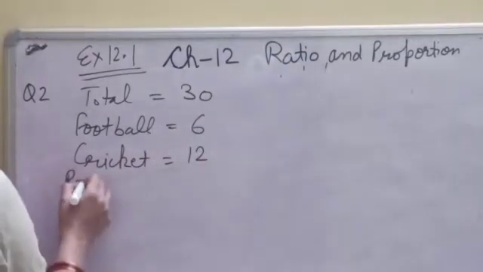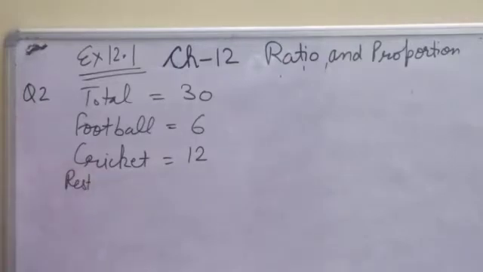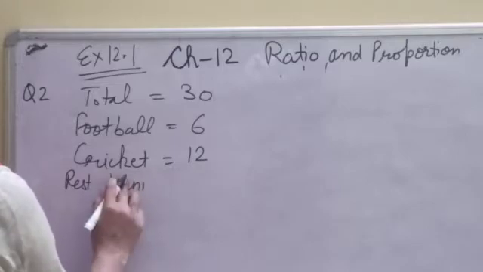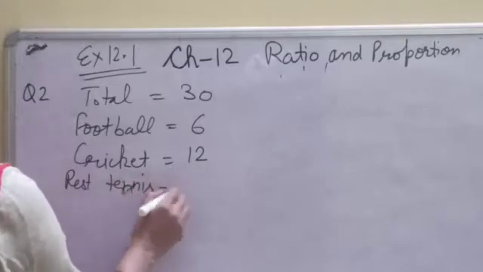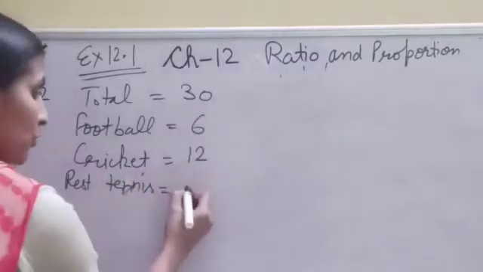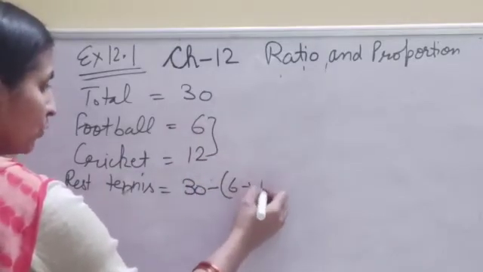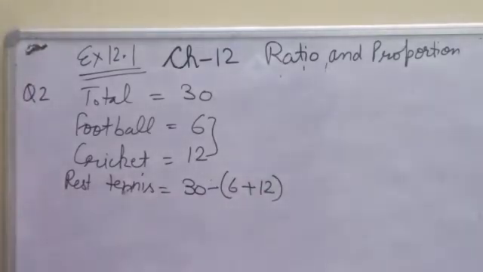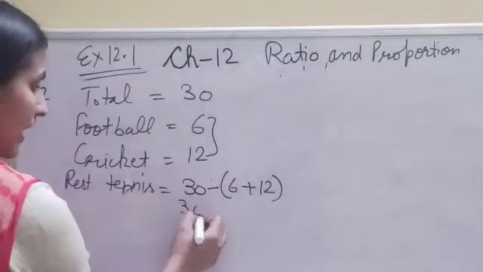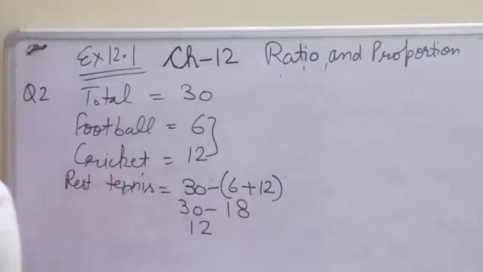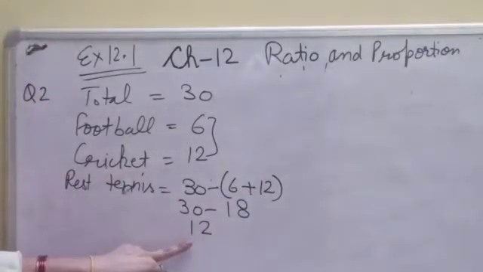And rest of the students, they like tennis. So how to find those players? From total, we will subtract these two numbers of students. So 30 minus 18, that is 12. Means 12 students are there who like tennis.